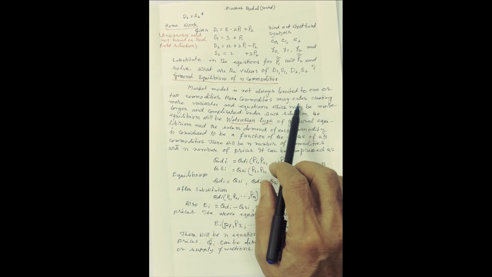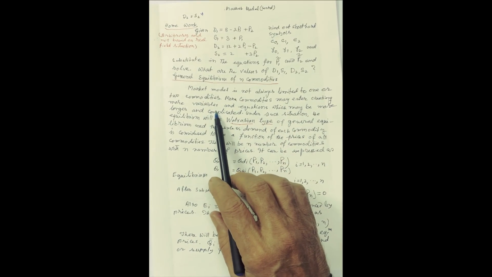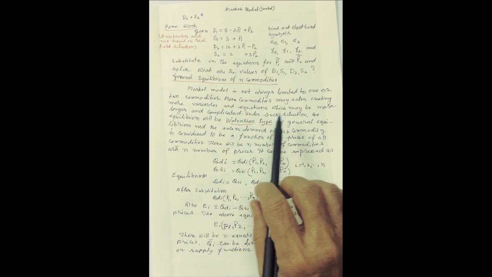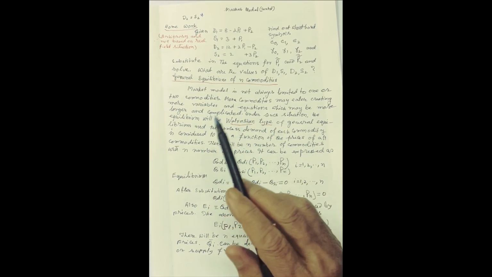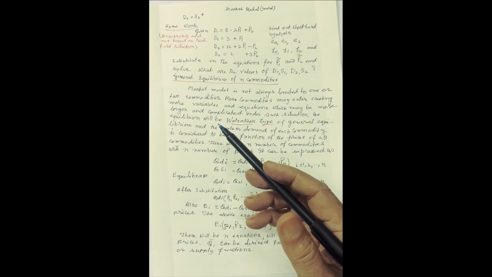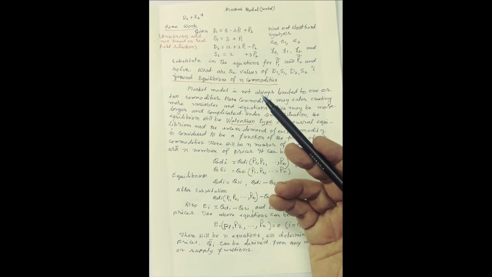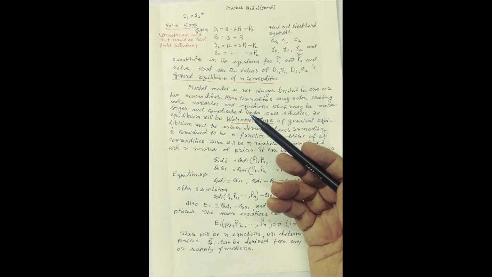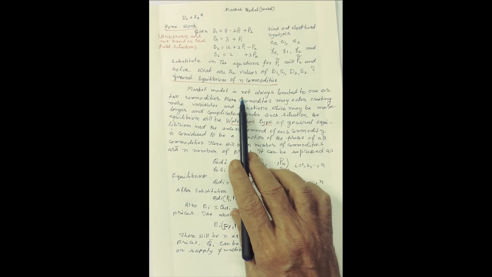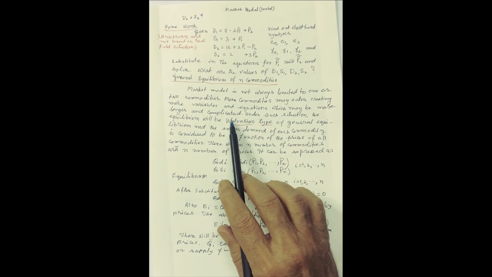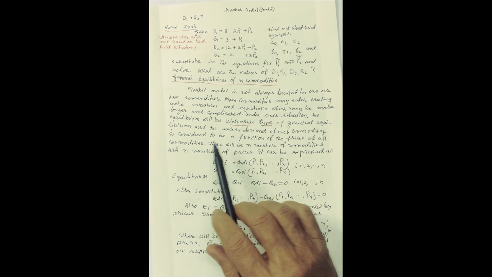More commodities may enter, creating more variables and equations which may be longer and complicated. If we add say 4 or 5 commodities and their prices, or even 10 commodities, then the solution will be more complicated and longer.